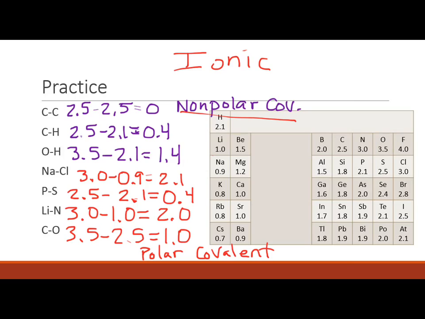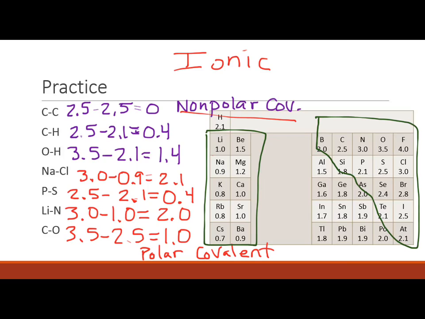But if we really look at that, the reason that that rule of thumb works is that the non-metals over here on the far right-hand side typically have very high electronegativities. The metals over here on the left-hand side typically have very low electronegativities. So when you have a bond between them, the difference in electronegativity is so large, greater than 1.9, which is considered a transfer of electrons, an ionic bond.